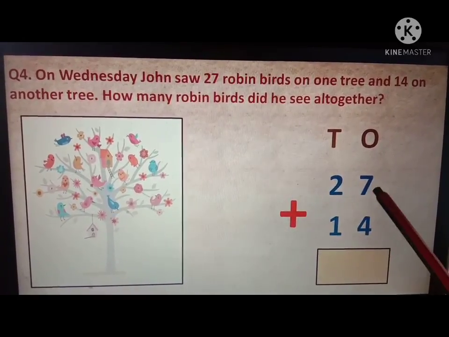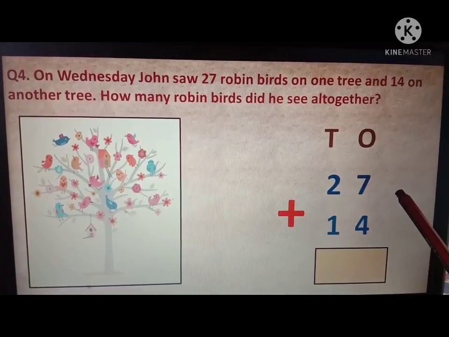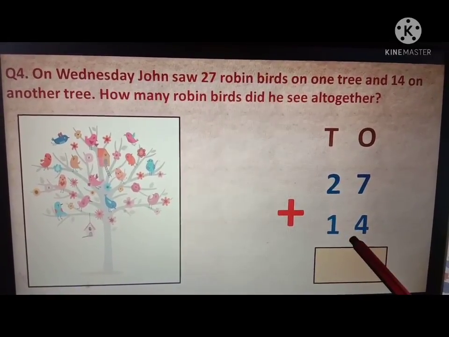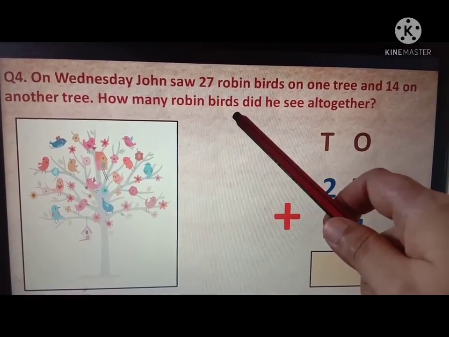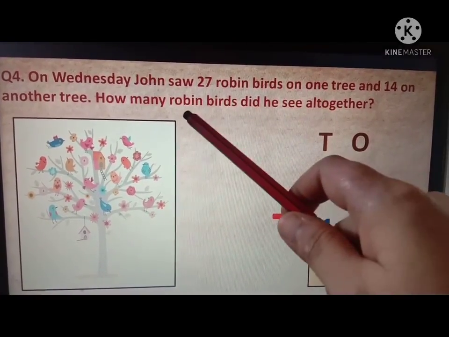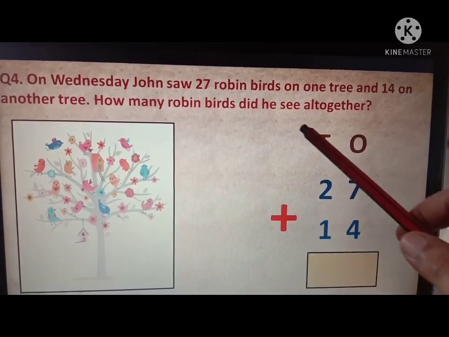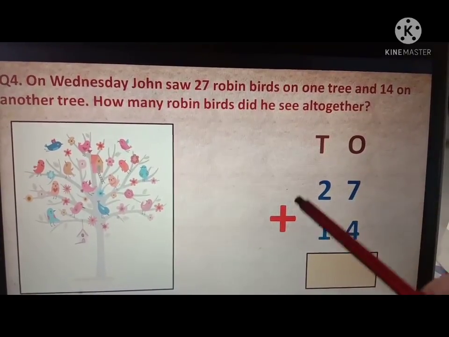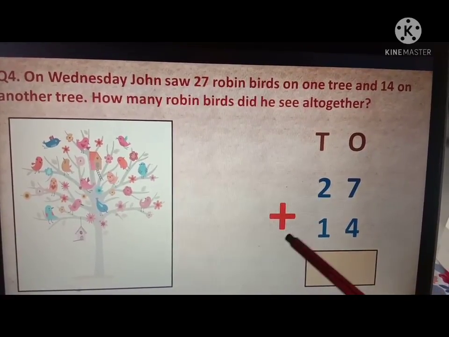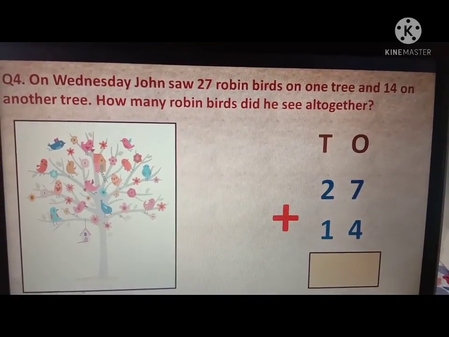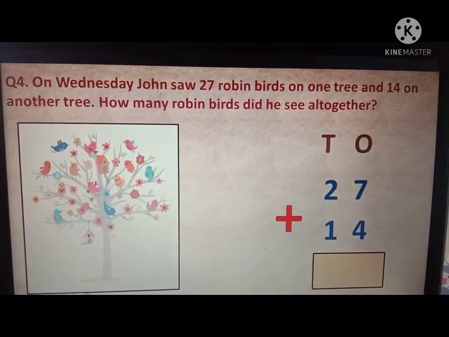Then 27 robin birds on one tree, 14 robin birds on another tree. We have to find out robin birds all together. So we have to do addition. So here we are putting the addition sign, and after that we will start doing addition.